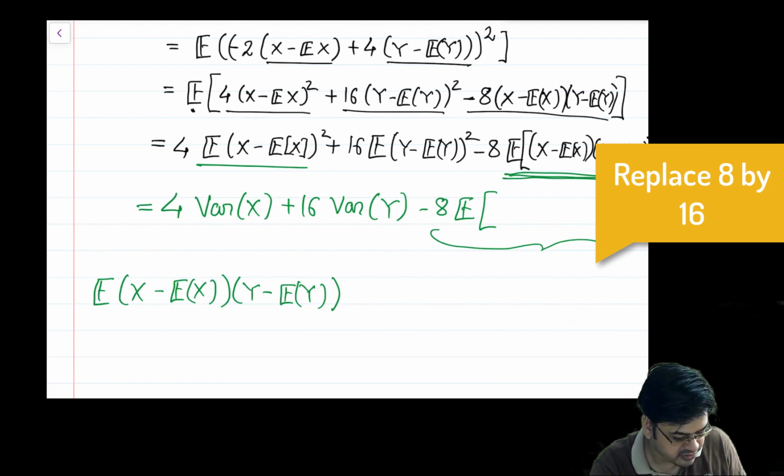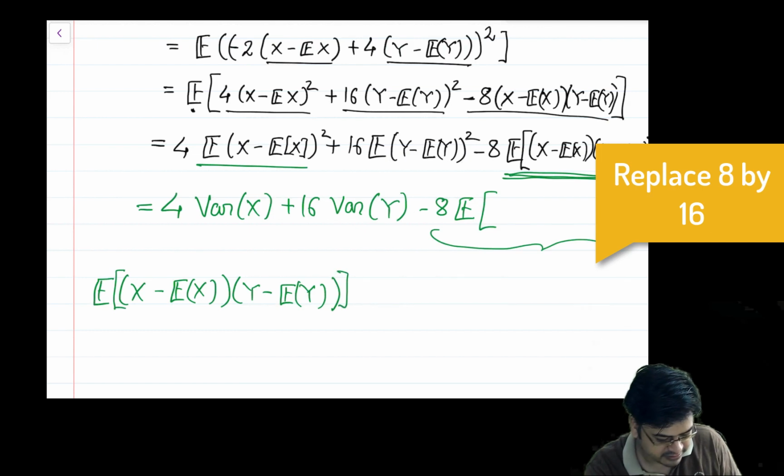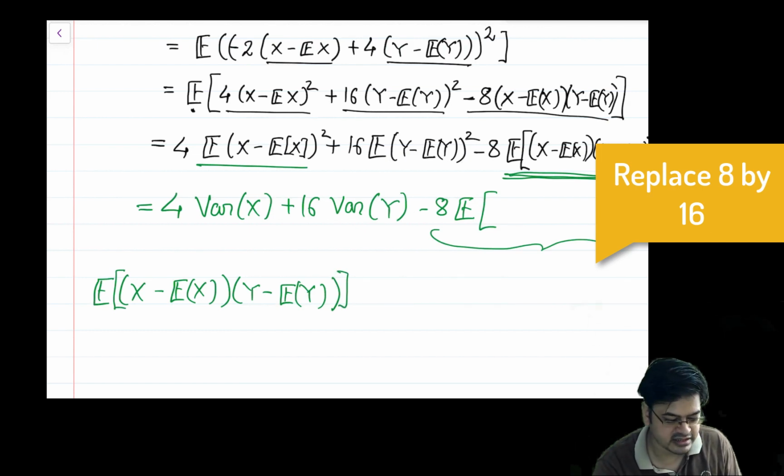So what I can do is expand this term and see what happens.